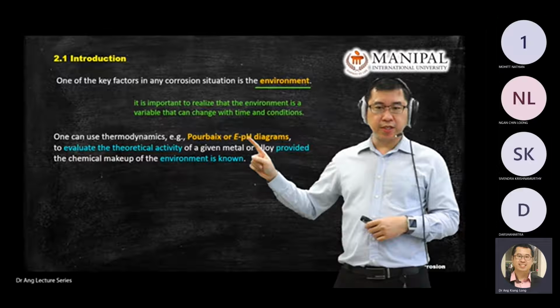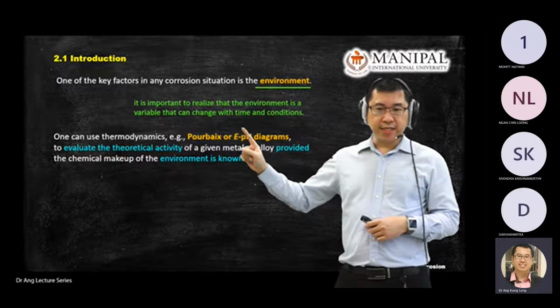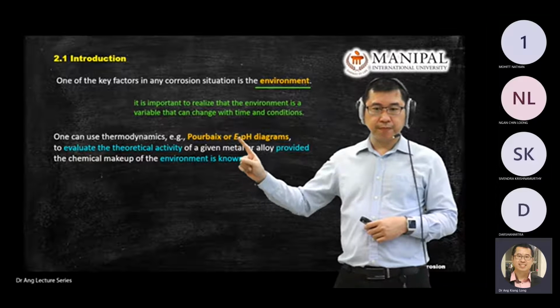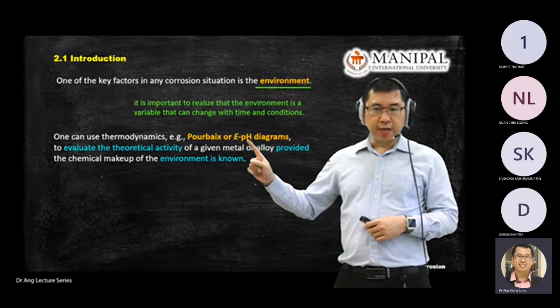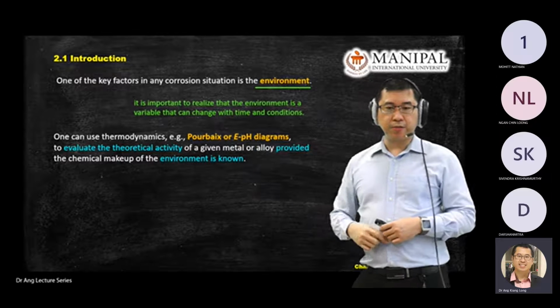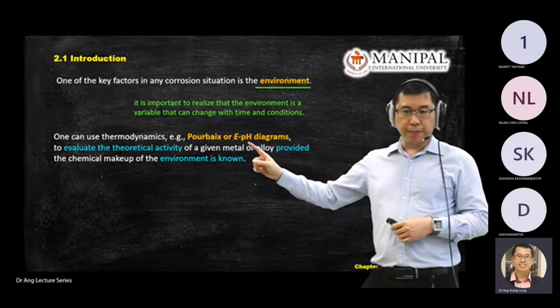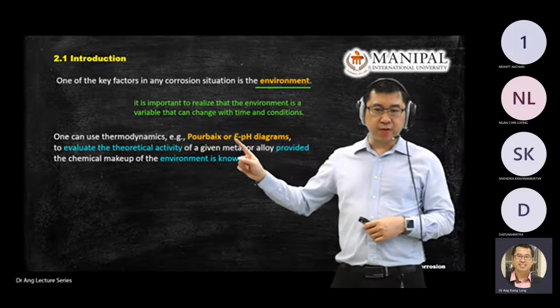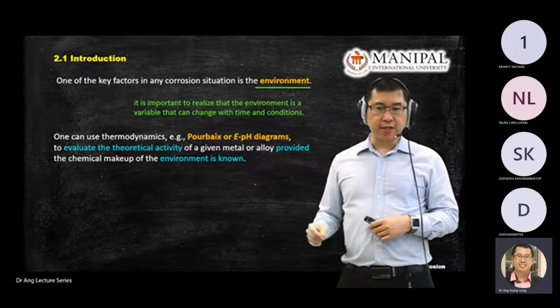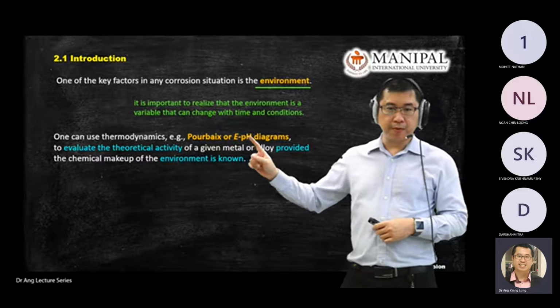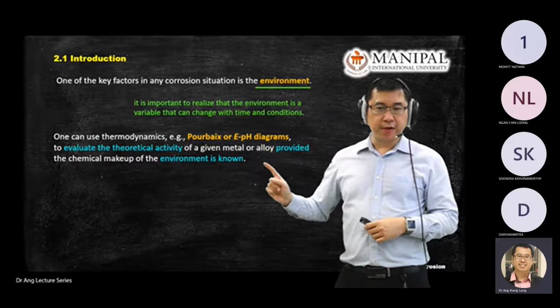If you have a combination of these two, your y-axis consists of voltage, and the x-axis, you can plot the pH value. So this is the y-axis, this is the x-axis.